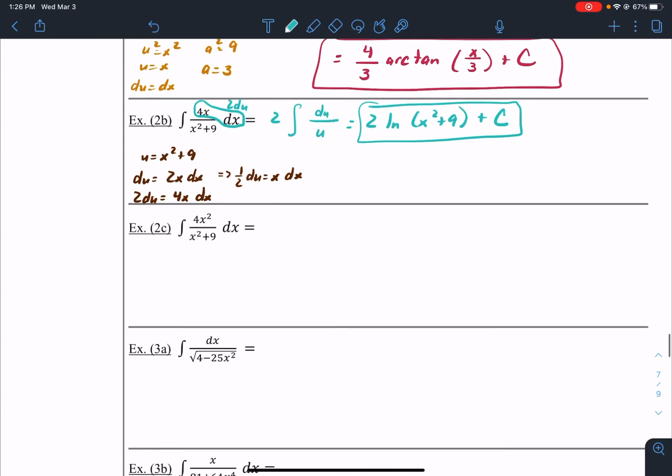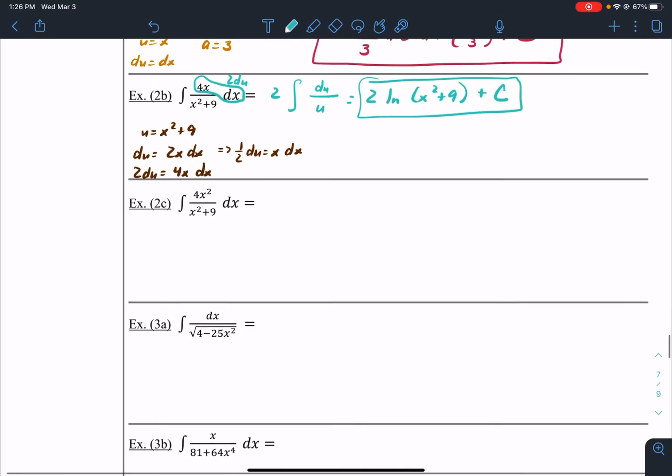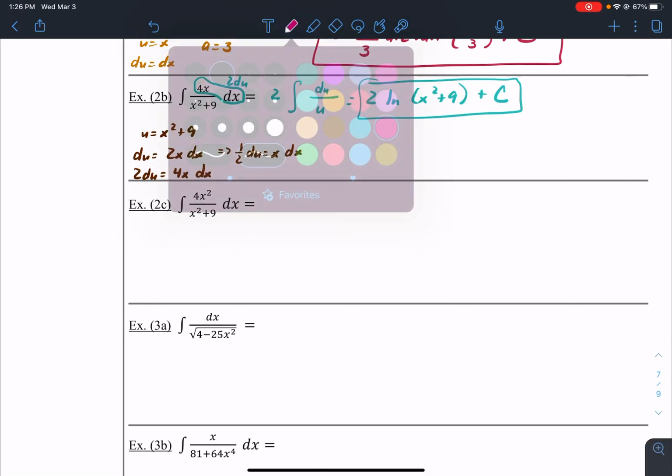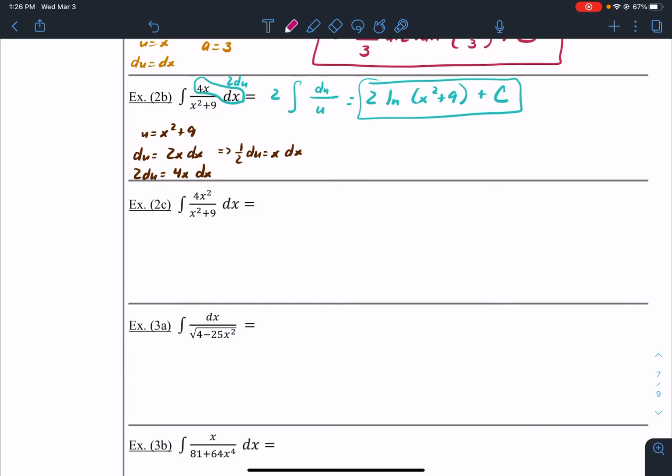Now, the next question is a little bit more challenging. When I see that 4x squared in the top, that makes me hesitate a little bit. Part of the reasoning is because I know arctan doesn't work, and I know that regular u sub, even with a natural log, is not going to work. You don't have another option except to try long division.